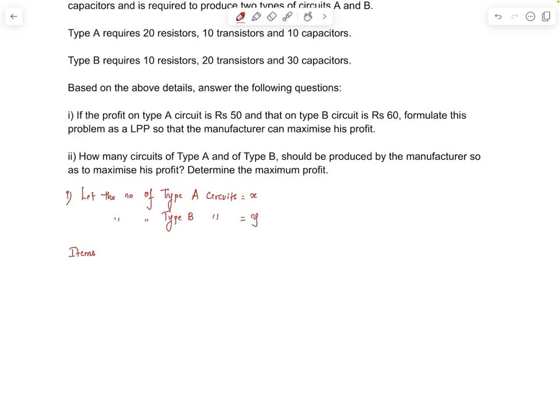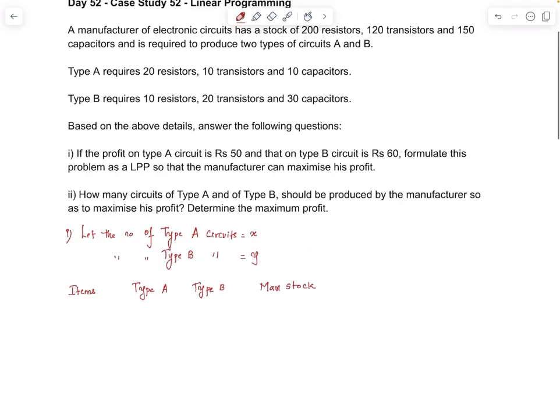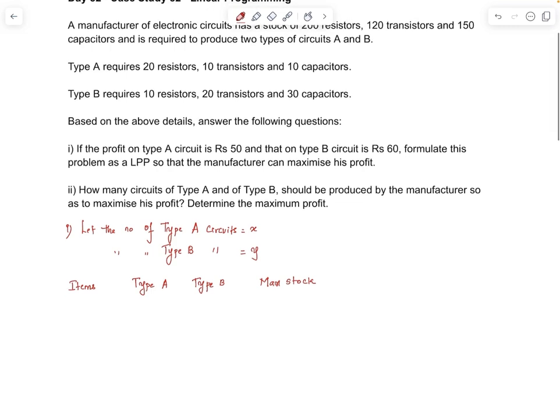The headers can be kept as items, type A, type B and max stock. A manufacturer of electronic circuits has a stock of 200 resistors.